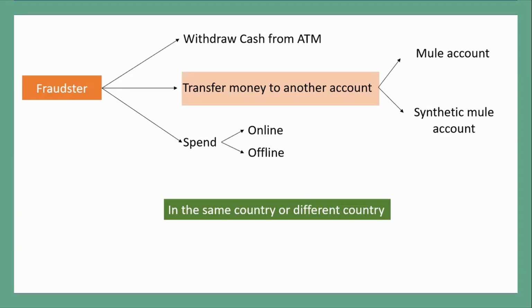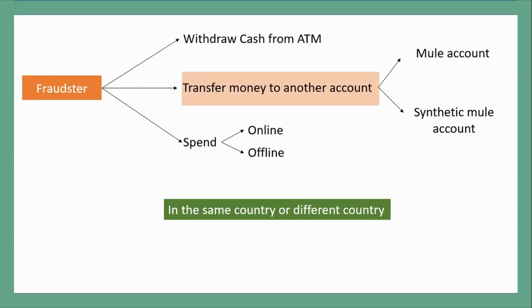A mule account is the account of those people who have no real money as such, maybe college students or elderly people. They don't have their own money, and for a small favor or benefit from the fraudster, they open a bank account in their name and then give access to the fraudster.